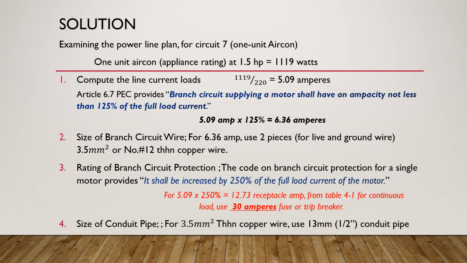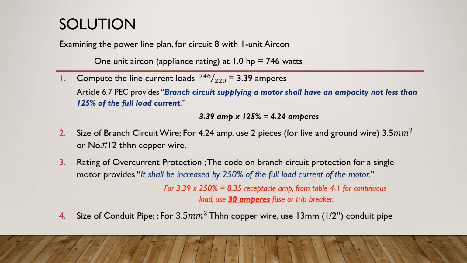Okay, last circuit, which is number 8. We have again an aircon unit, but its appliance rating is only 1.0 HP. So it has 746 watts. To compute its current load, we divide it by the type of service, 220.